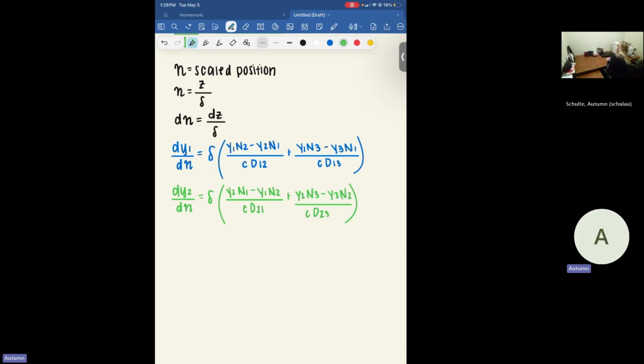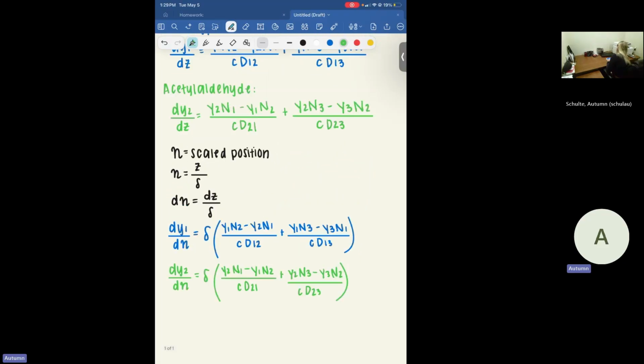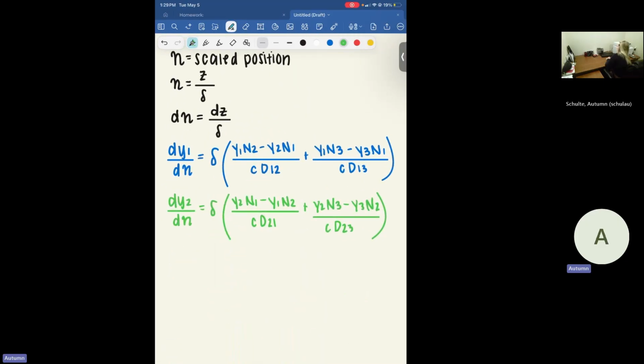using our derivatives and making a relationship between the derivative of the mole fraction with respect to Z and the derivative of our mole fraction with respect to our scaled position. So now that we found that, we can once again do the same idea that we did last time, where we said that this term right here, because we use our scaled position, means that we're in a range from 0 to 1, so we can approximate this term to be about 1.